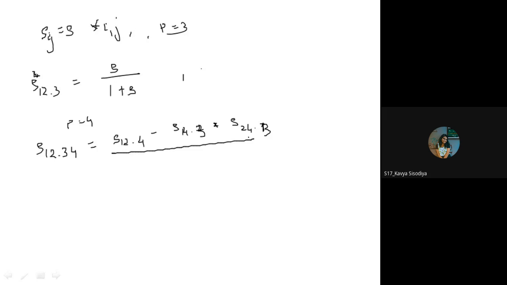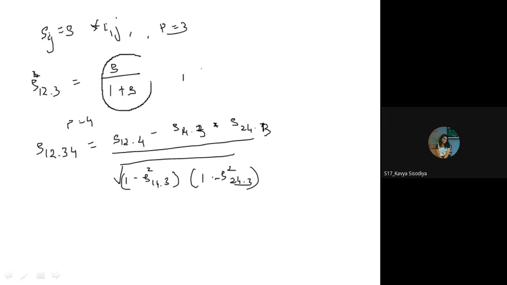Divide by square root of 1 minus rho 1 4 dot 3 whole square into 1 minus rho 2 4 dot 3 square. Now we know that for rho equal to rho upon 1 plus rho, if I am finding rho 1 2 dot 3 or rho 2 4 dot 3 or rho 1 3 dot 2, the formula for the partial correlation coefficient between any two variables given a variable is fixed is nothing but this.